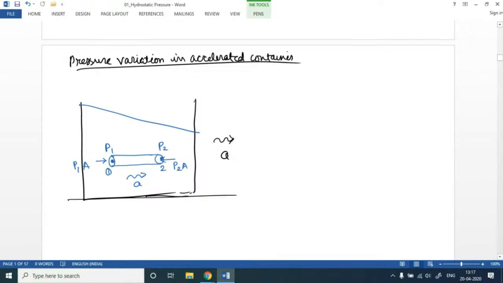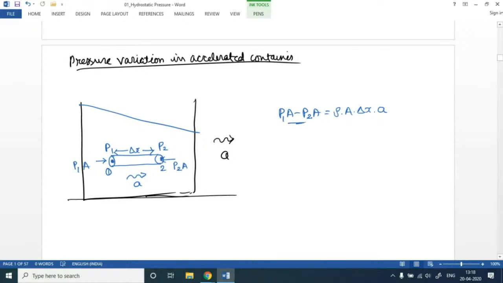So what would be the force balance equation? Let's say the distance between point 1 and point 2 is delta x. Writing the equation of force in the horizontal direction, that will give us P1A minus P2A equals the mass of this element times its acceleration. The mass of this element would be rho, the density of the liquid, into A into delta x, and the acceleration is a, with the force written in the direction of acceleration.